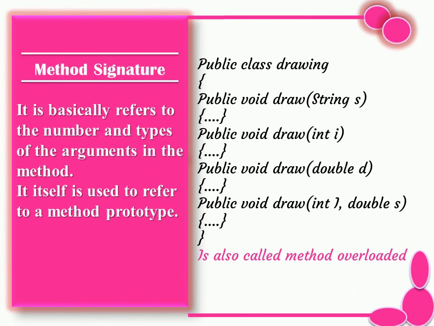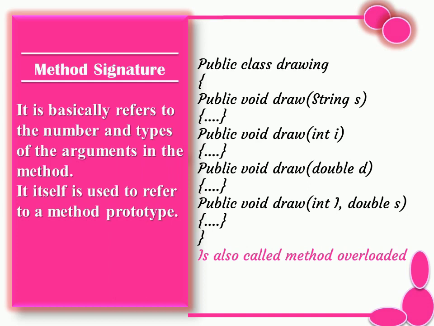Now we'll see what is method signature. It basically refers to the number and types of the arguments in the method. It is itself used to refer to a method prototype. So now just look at the program here. Drawing is a class name and we have used four methods which have the same method name called draw.